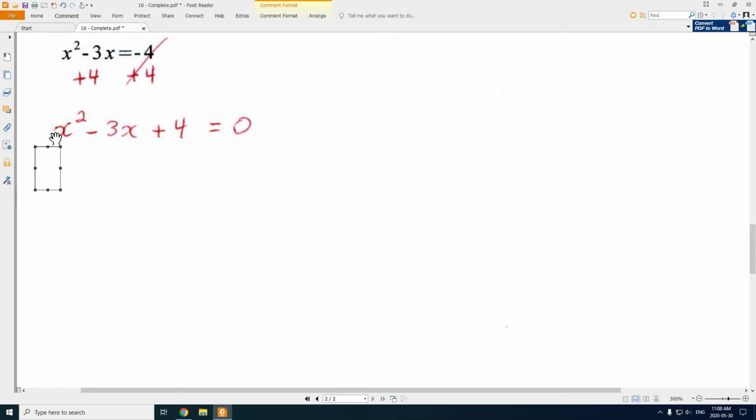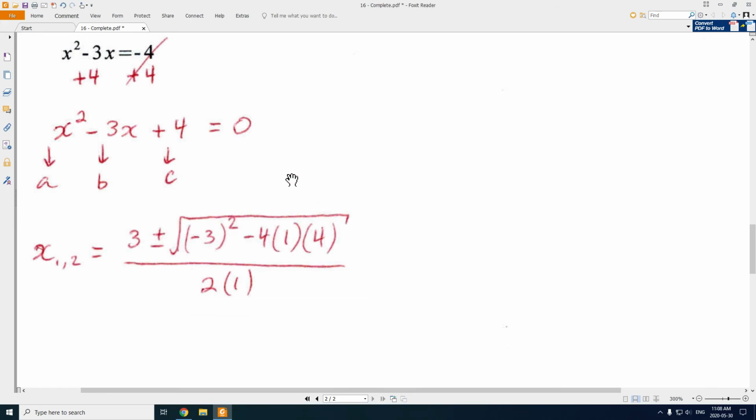So at this point, my a value, there isn't one there, so it's like a 1x squared, right? So 1. My b value is a negative 3. My c value is a 4. And once again, plug that into the quadratic formula.